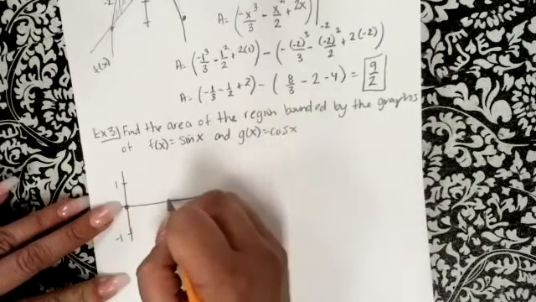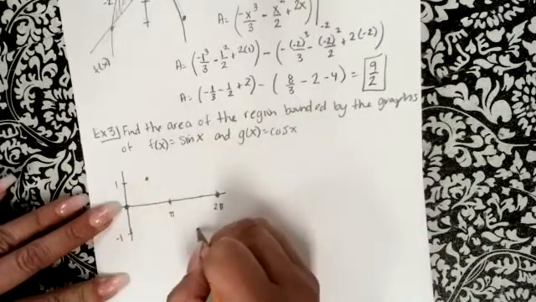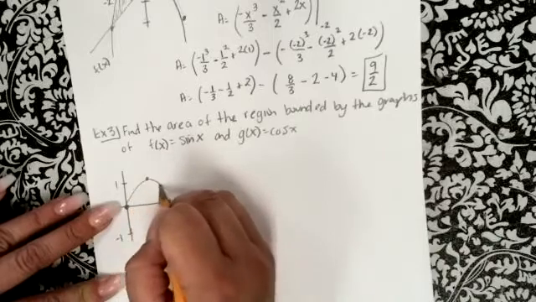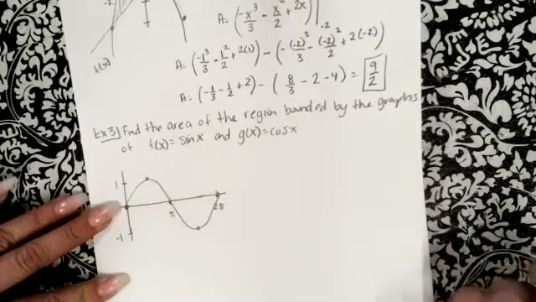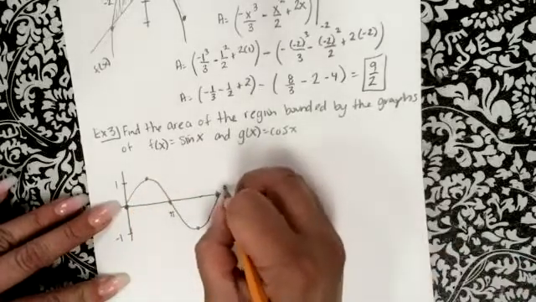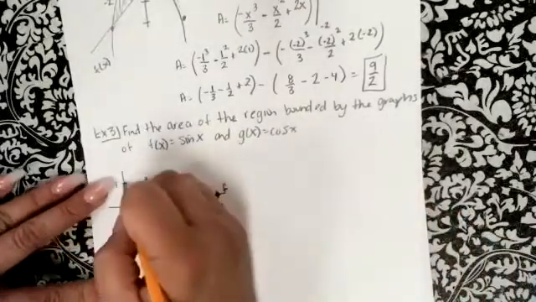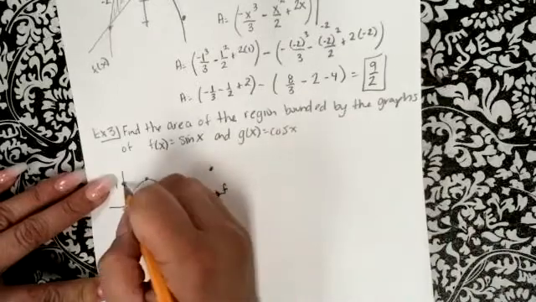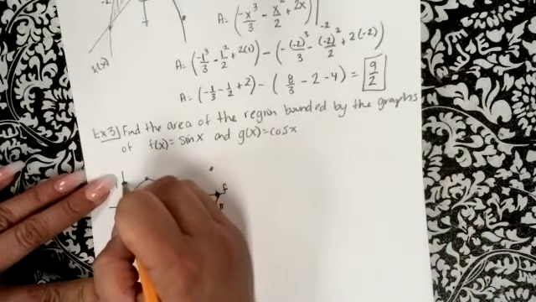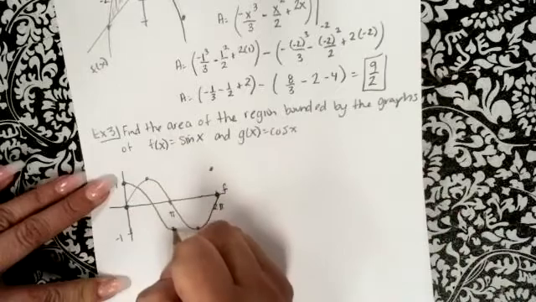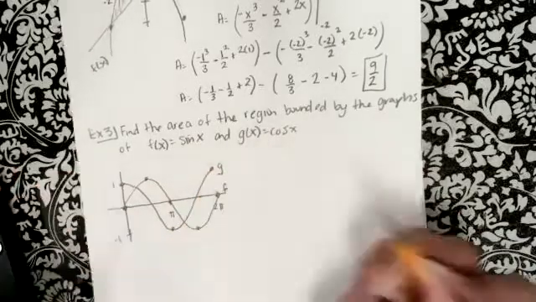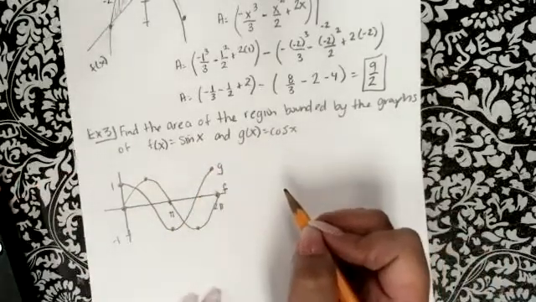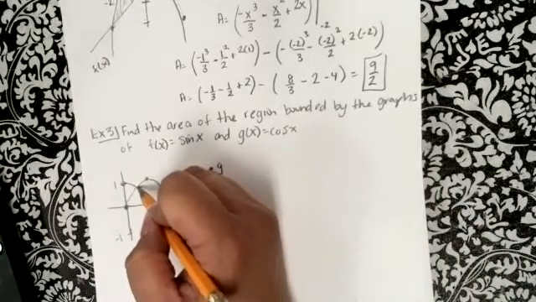It goes up and then down. So the sine graph looks like this. So this is the graph of f. Cosine starts at 1, ends at 1. And then it comes down like this. So the area that we're talking about here is going to be this section.